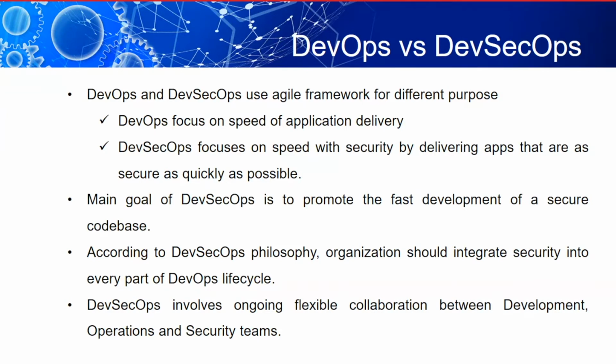According to the DevSecOps philosophy, organizations should integrate security in each part of the DevOps lifecycle. So in every part, from the beginning of the development of an application, security will be integrated into DevOps, which makes DevOps into DevSecOps. DevSecOps also involves ongoing flexible collaboration between development, operations, and security teams.